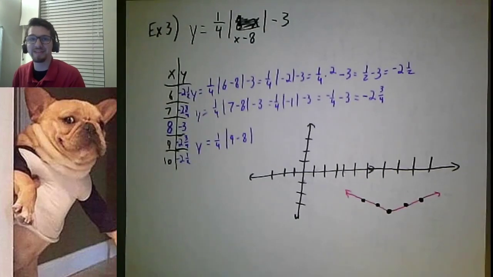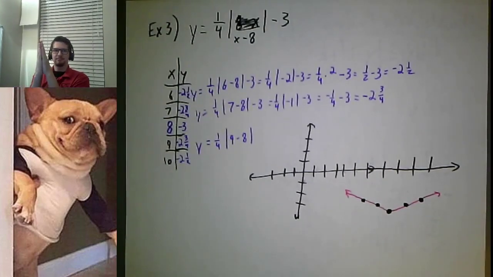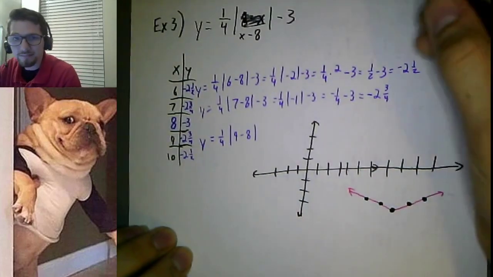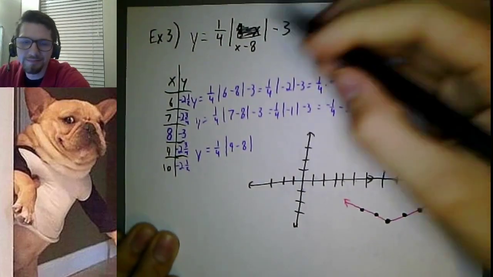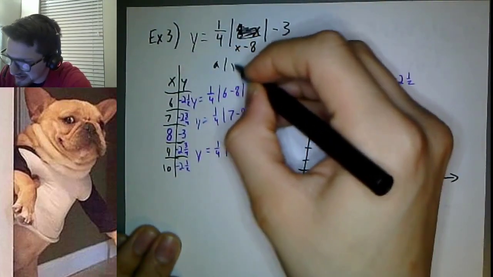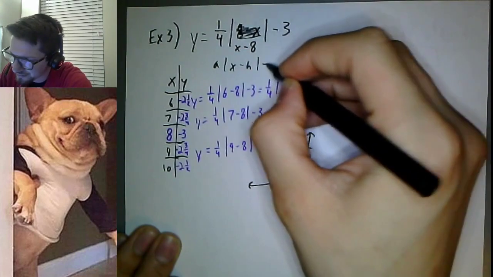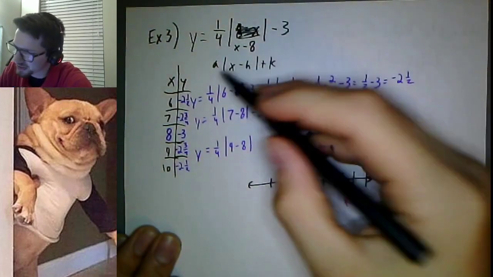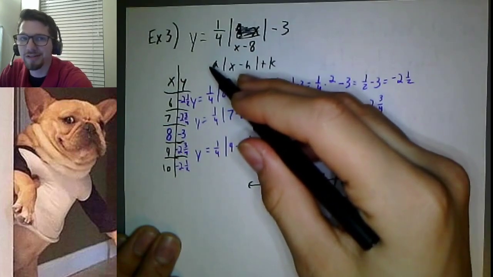What do you notice about this V? It is very stout. Why is it so stout? Because of that good old-fashioned 1/4 we got going there. Let's talk about our transformations here. This 1/4, right? If we had our equation, a times the absolute value of x minus h, minus k, or plus k, your a talks about vertical stretches and vertical compressions.